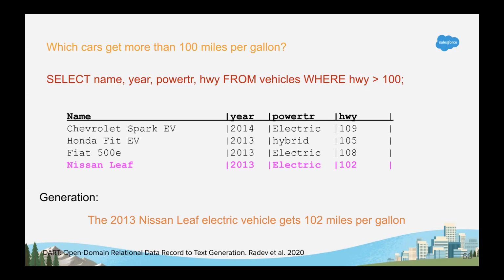So you hope your system can describe the output table for you. The system could do record-to-text generation, generating a description for each record one by one.